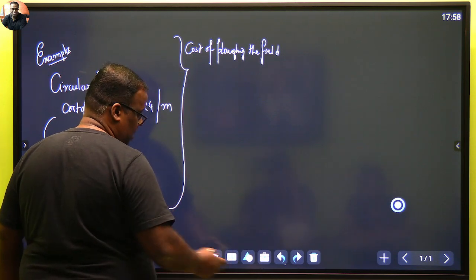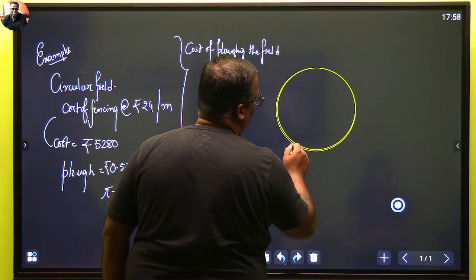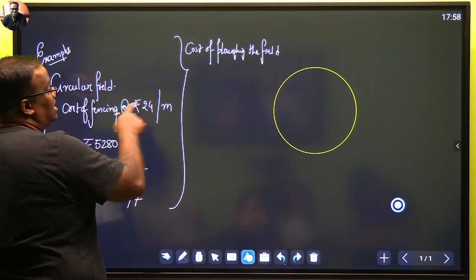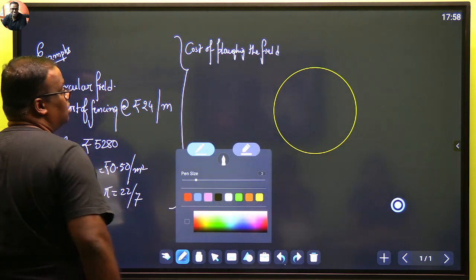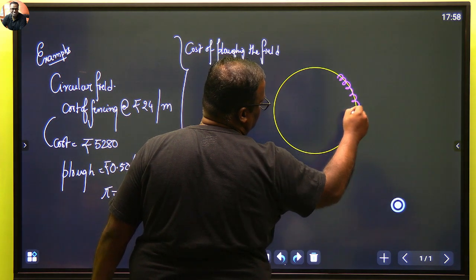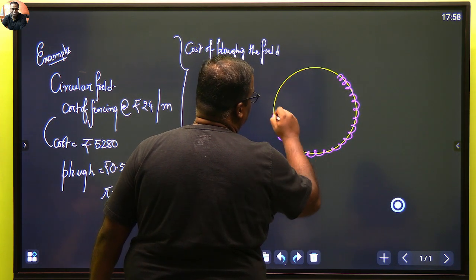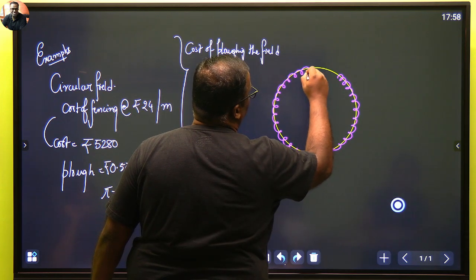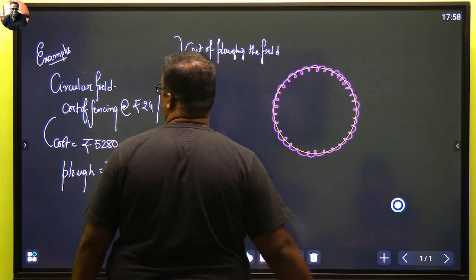Now, let's just try and look at this problem. So I have a circular field. The cost of fencing. Fencing means which part of the field will you use? The circumference. You fence always on the circumference. So this is what you have fenced. And that's why the rate is given in a linear format, that is per unit, per meter.